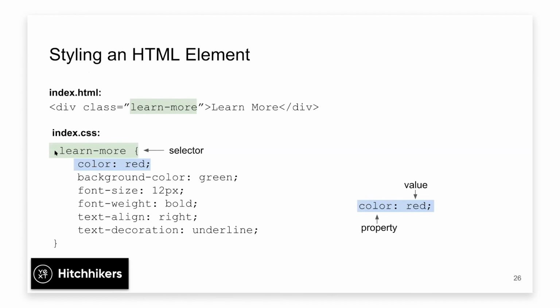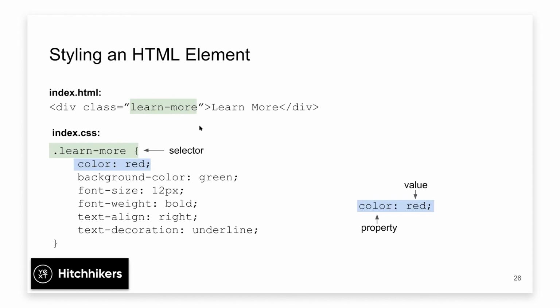CSS selectors are prepended with a special character, which tells you the type of selector you're referencing. In this case, the class selector uses the period character that prepends the actual class name. So with this example, period learn-more, you are going to reference any elements with the class learn-more.